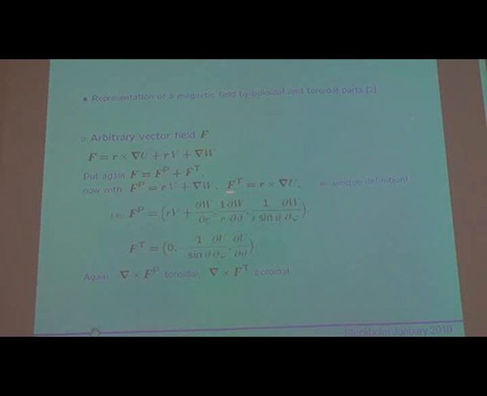You can put again F equal to a poloidal field and a toroidal field. And you can define or redefine the poloidal field in this way and in this way, just by requiring that it can be represented in this form. This is a unique definition.